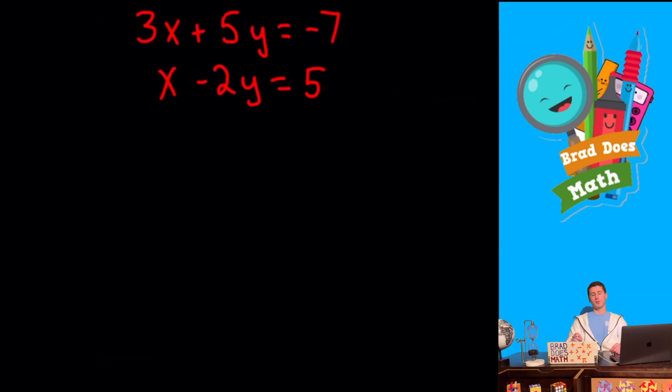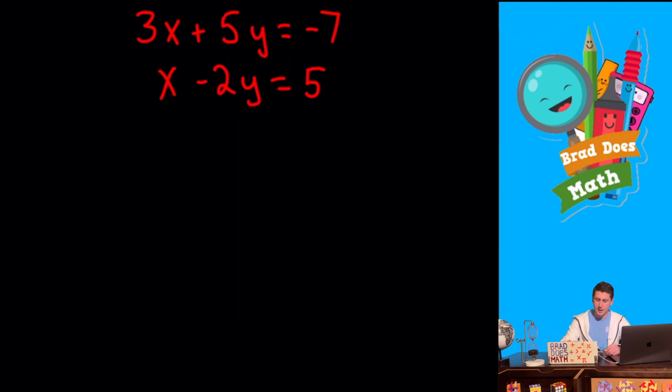In this example, notice how we don't have a variable that's the exact opposite of the other variable. That's what we need to do. We need to get one of the variables to be the exact opposite of the other. And I'm going to decide to eliminate x. So I'm going to multiply this bottom equation by negative 3.